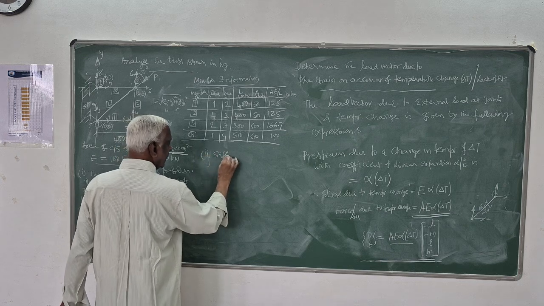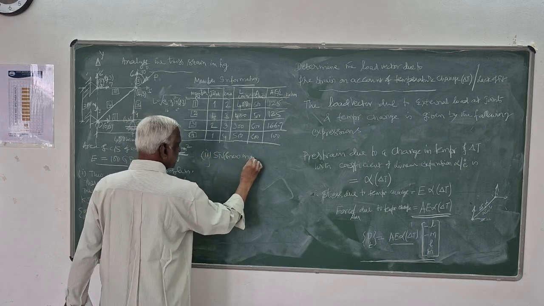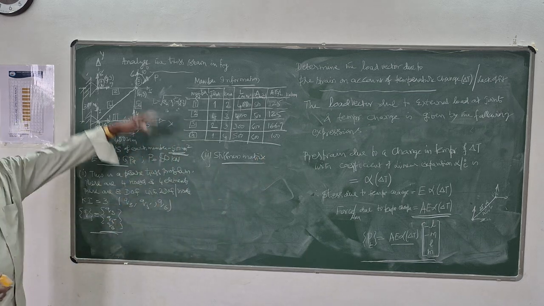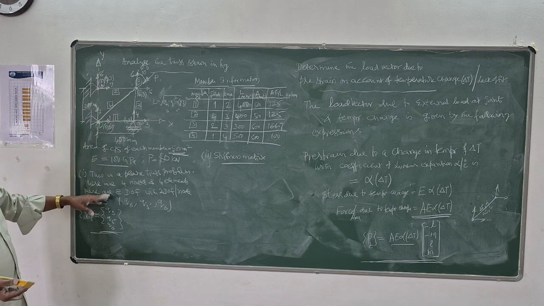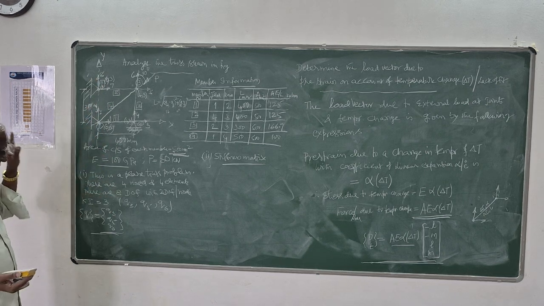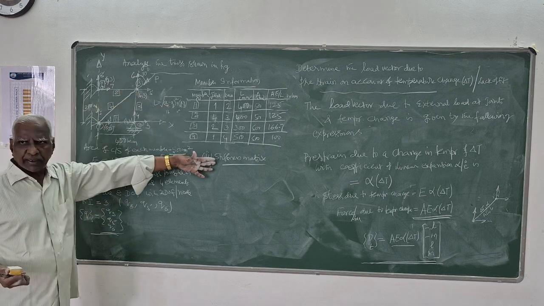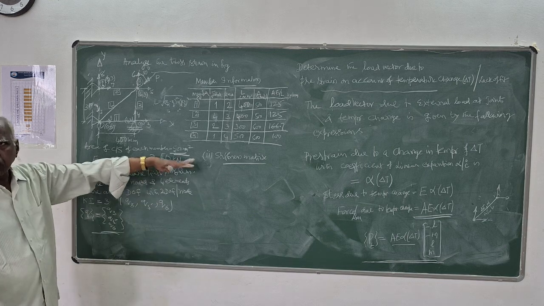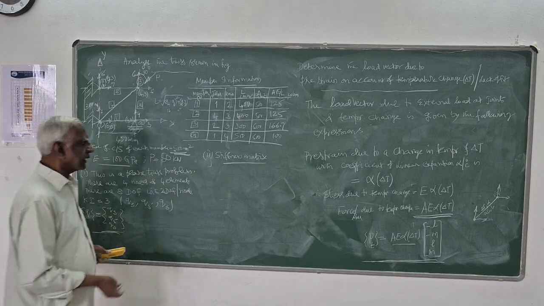Stiffness matrix. First step, take all the information given, identify the number of nodes, number of elements, identify degrees of freedom, then prepare member information, which is required for computing the stiffness matrix.